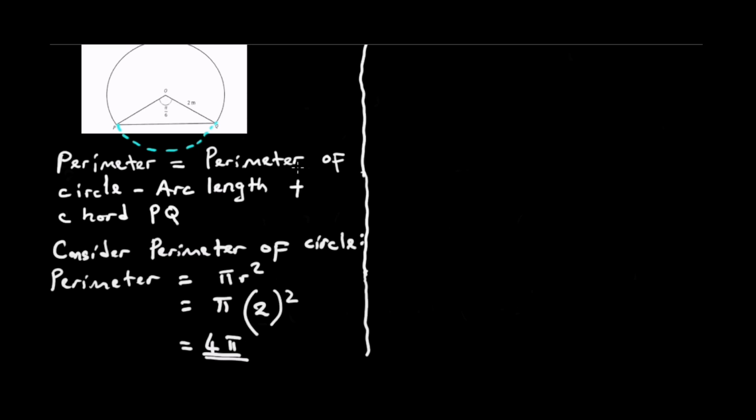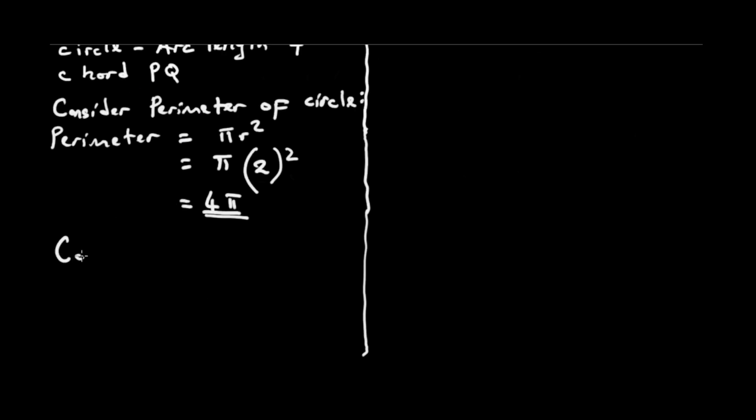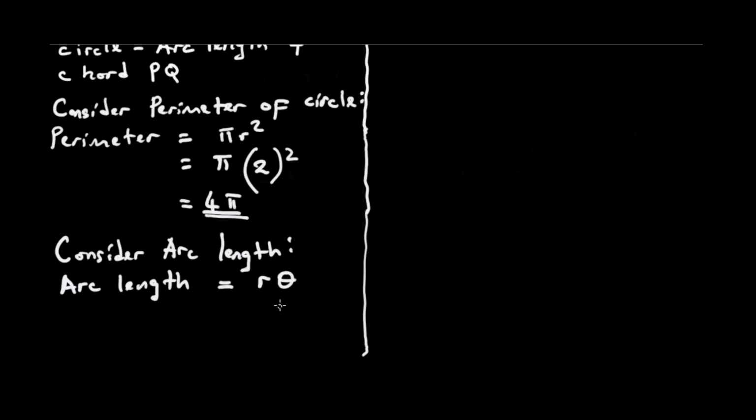After considering the perimeter of the circle, we want to find the arc length of the minor segment. So we go down here and consider arc length, which we know is given by the formula r theta.